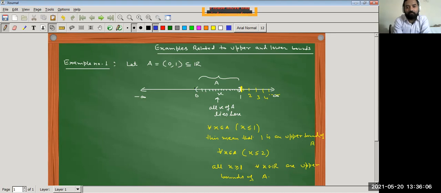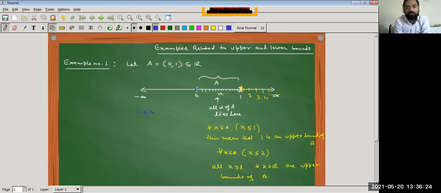we can say that 0 is a lower bound because by the definition of lower bound, 0 is less than or equal to x, or we can say all the elements of A, that is 0 to 1, are greater than or equal to 0.